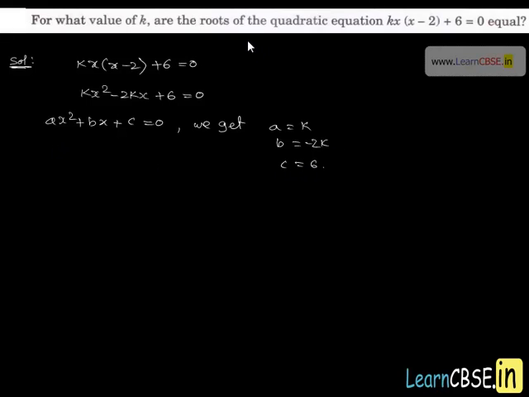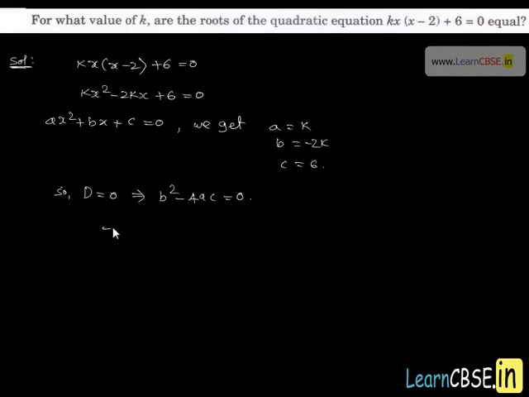And in the question, it is told that the roots of the quadratic equation are equal. So the discriminant D equals 0. That implies b square minus 4ac is equal to 0. Let us substitute the above values in b square minus 4ac equals 0.